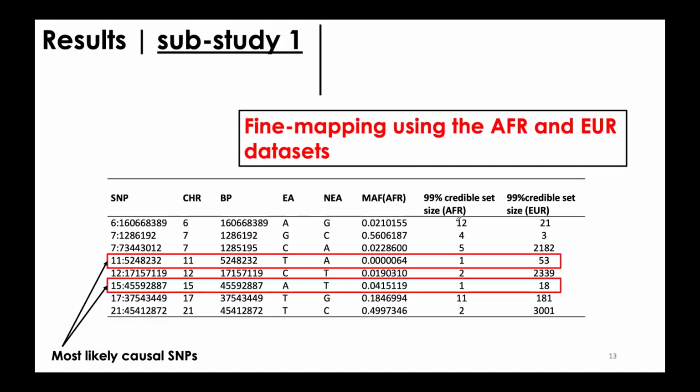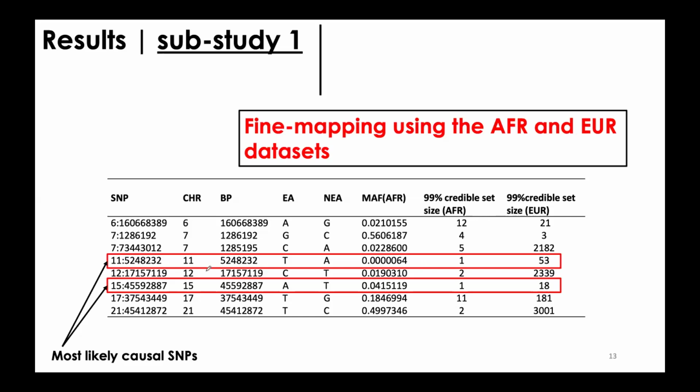But to do that, we use 2 data sets, one African and one European. So we use the Bayesian fine mapping approach. And for this one, the smaller the number of credible sets, the higher your confidence that that SNP is actually causally associated with whatever you're testing. And here I say that for these 2 SNPs, they are most likely causal. Why?